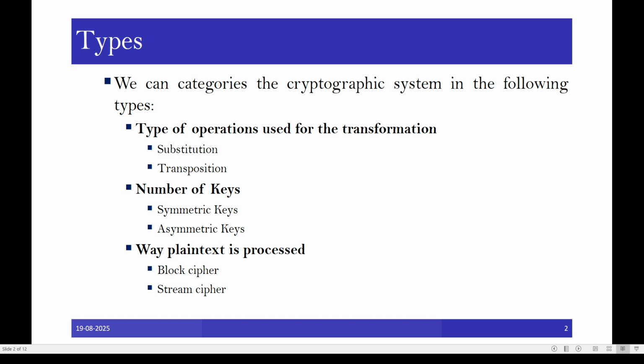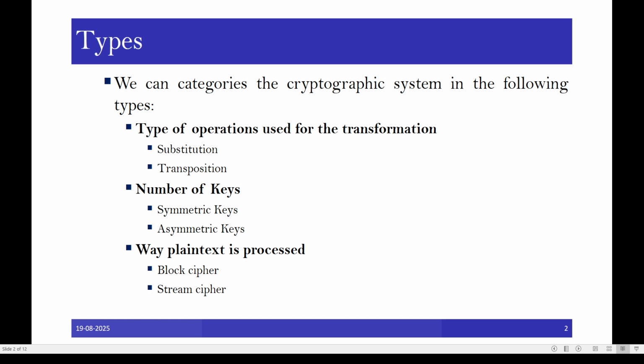So let's begin with the first differentiation of the categories. If we go by the first thing, that is, what are the types of categories, we can categorize cryptographic systems in the following types. The first is the type of operations that are used for transformations. What are the operations we apply on converting a plain text to a ciphertext and a ciphertext back to a plain text?